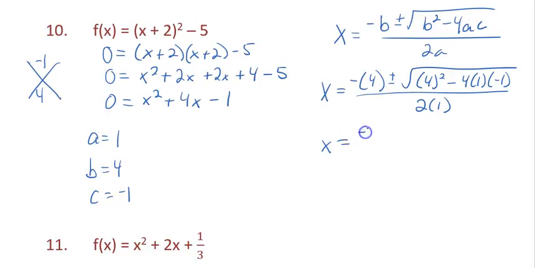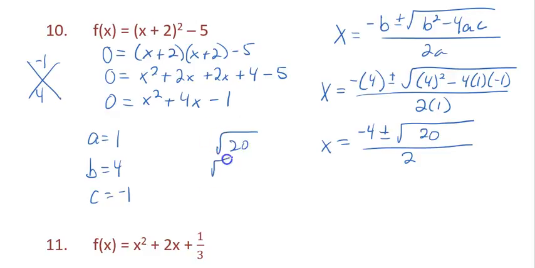So that's going to give me a -4 plus or minus the square root of 16 plus 4, so 20, over 2. And then the square root of 20 is going to break down. It's the square root of 4 times the square root of 5. So that's going to be 2 square roots of 5.